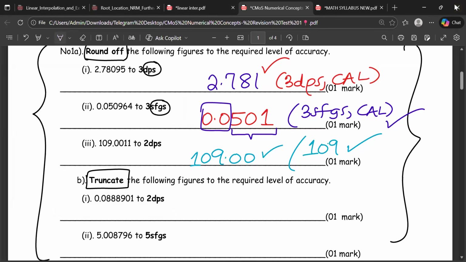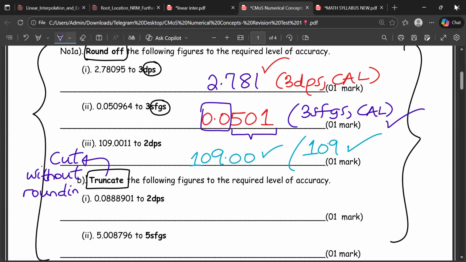Truncate means you write the exact, you cut, without rounding off. You don't do anything. You just cut, yes.